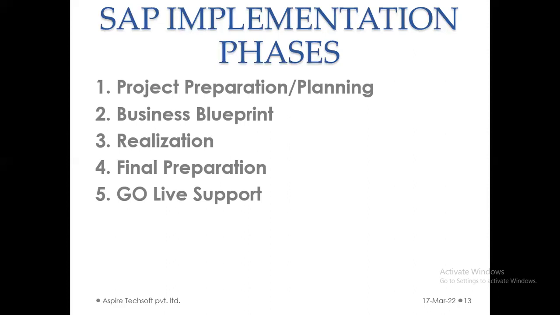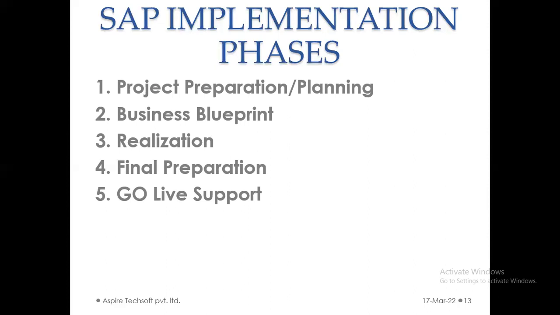In the second phase, business blueprint, the roadmap is generated, how the SAP implementation will be done. In the realization phase, the actual consultants are working. In realization, the consultant will contact the respective departments, and they will develop the customized software for Tata Motors.